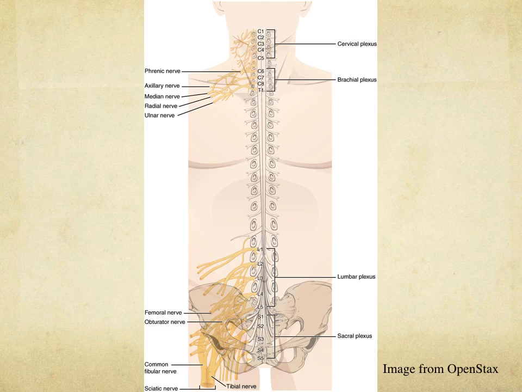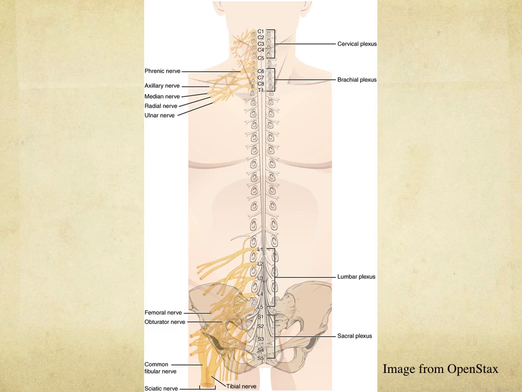Now, if we slide inferiorly, or slide caudally, we get to the lumbar plexus, the lumbosacral plexus, and then the sacral plexus. So the lumbar plexus is going to be nerve roots coming away from all of the lumbar nerves, whereas the lumbosacral plexus is going to be a plexus of nerve roots coming away from a combination of the lower two lumbar nerves and then the upper three sacral nerves.